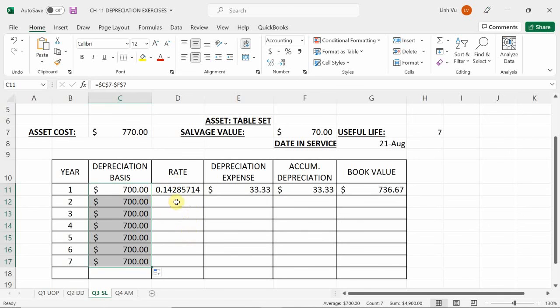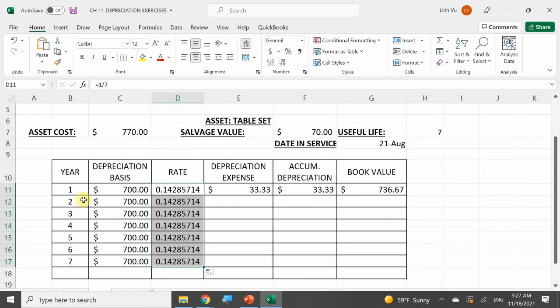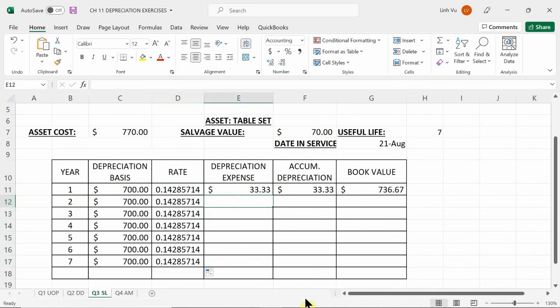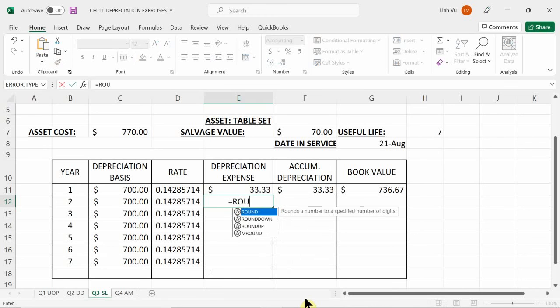What about my rate? The rate also stays the same. Remember, it's 1 divided by the estimated useful life. You're only going to depreciate it once, where compared to the other one, you had to add the times 2. This one, I'm only depreciating it once. So then what is going to be my depreciation expense for year 2?